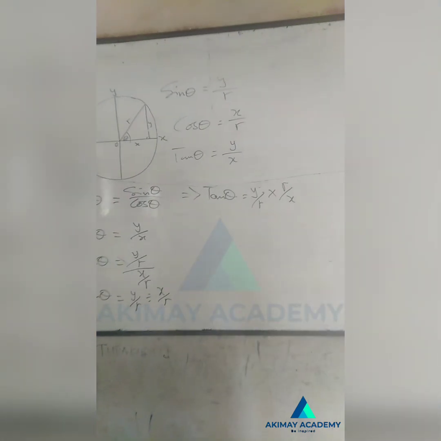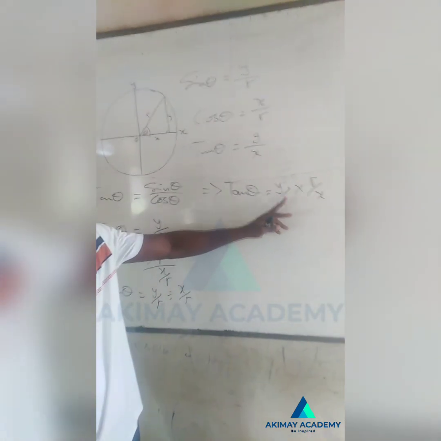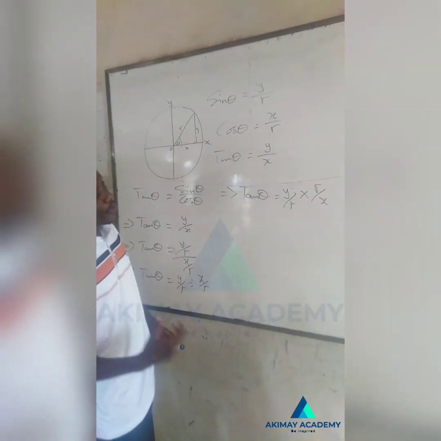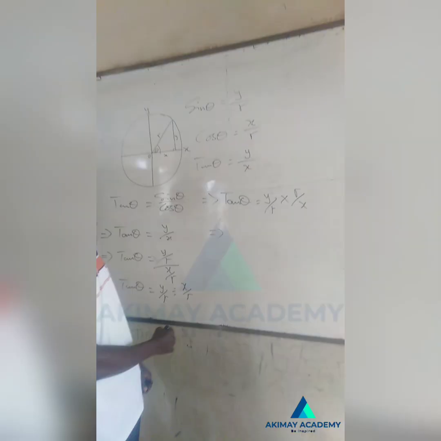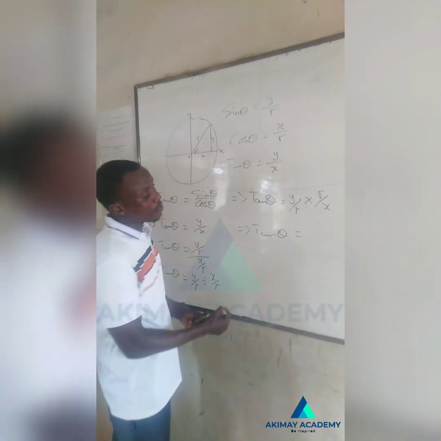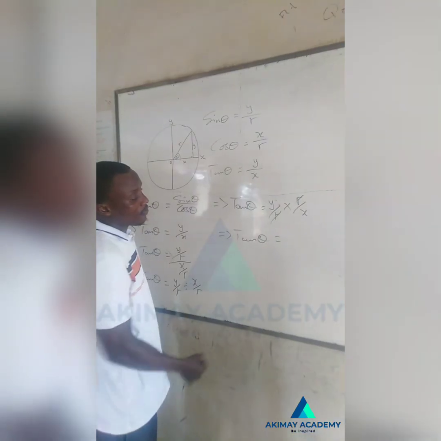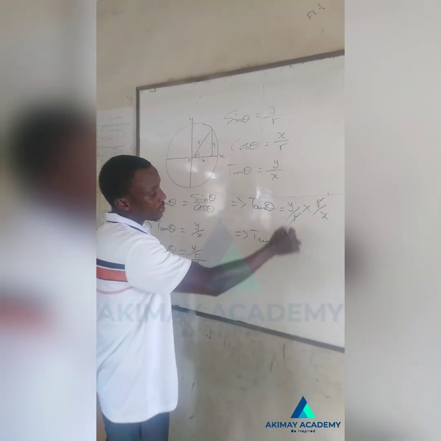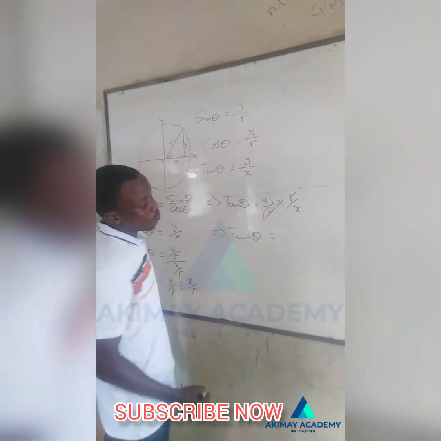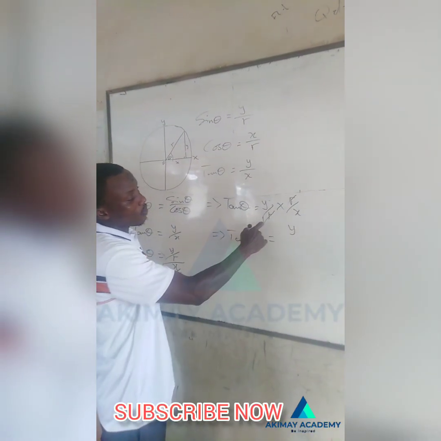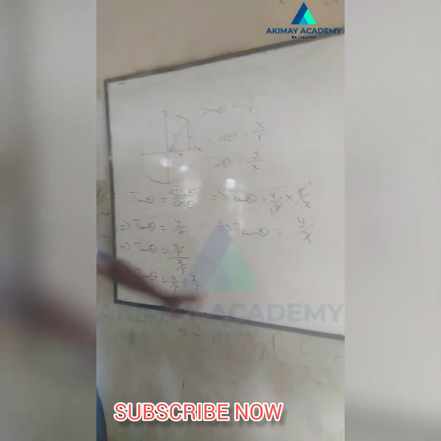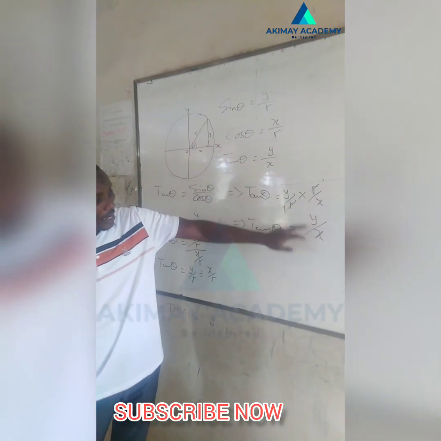So we are having tan theta equal to y on r times r on x, by reciprocating the divisor. In this case, we have this r, cancel it off. So we have 1. y times 1 is going to give us y, and 1 times x is going to give us x. So you can see that from here, tan theta is equal to y on x.